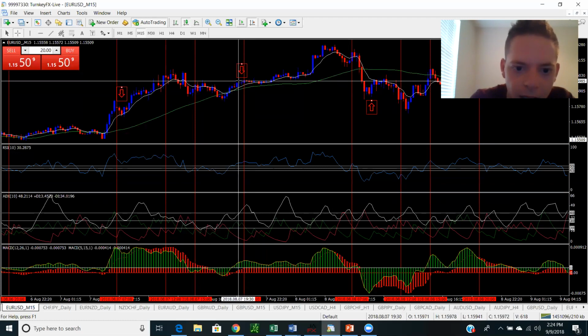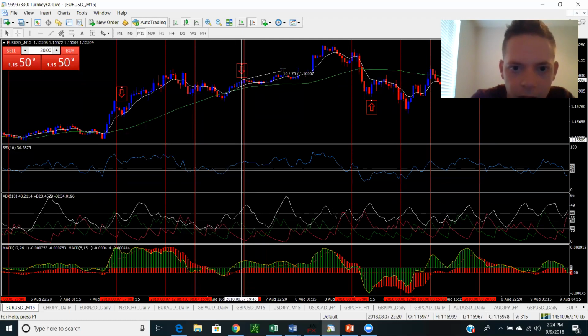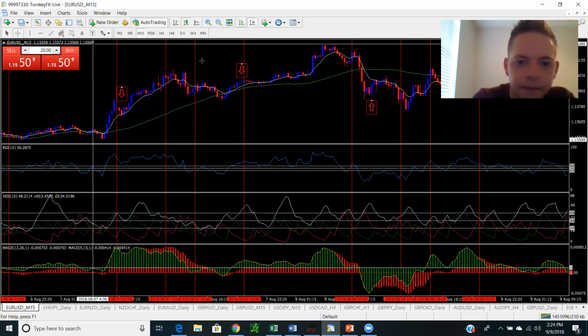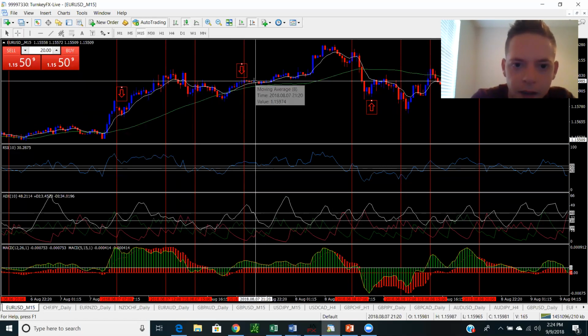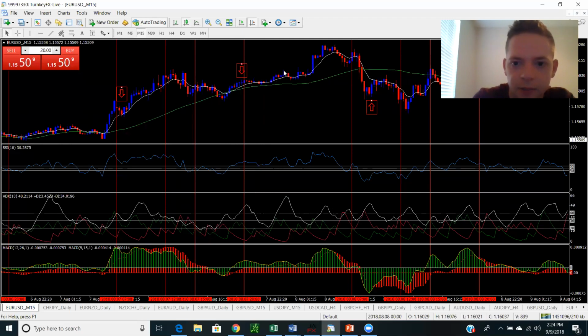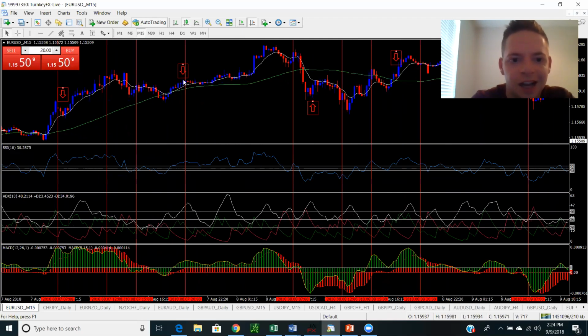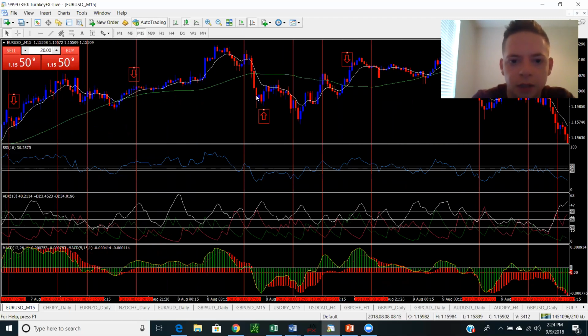If you had gotten in once it confirmed here, about here, you would have held maybe a 4 pip drawdown, and it would have taken you probably longer to TP. But if you got in here, you held a 1 pip drawdown, if that, and you get to TP. Okay, so that's kind of a slow moving one, but here's a perfect example here.